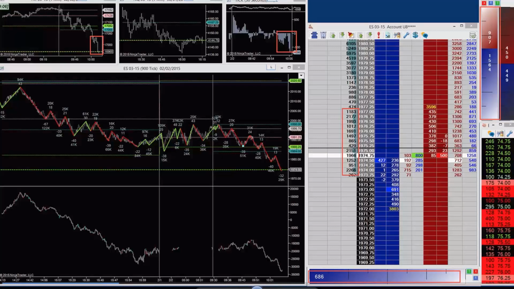And it is absolutely inevitable that this will occur at some point, because all sellers need to buy in order to take profits. So at some point as we move down, there simply won't be enough people willing to enter the market short, and profit taking will eventually overwhelm the new shorts.